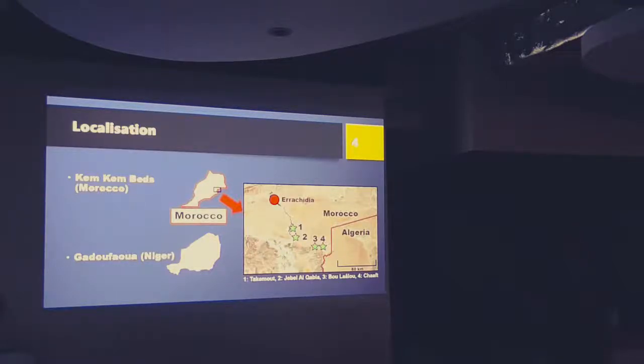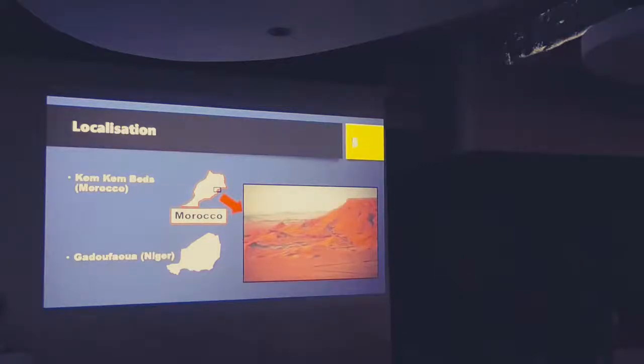The fossils we studied came from four of these localities, located in the east of Morocco, close to the border with Algeria. In the Kem Kem beds, the landscape looks like that. You have some Cretaceous deposits, and in some parts on some cliffs, you have fossiliferous layers where you can find really interesting dinosaur fossils, but also turtle fossils, fish fossils, a big variety of fossils.